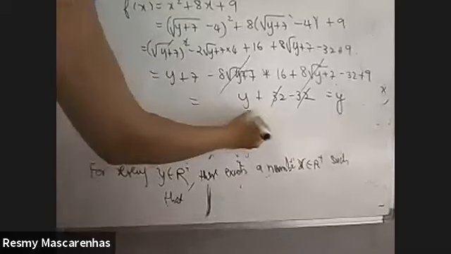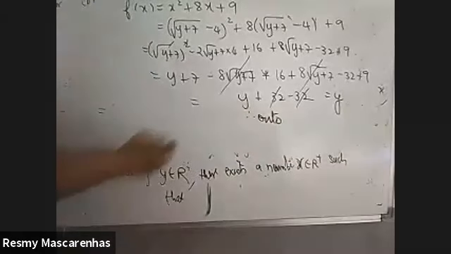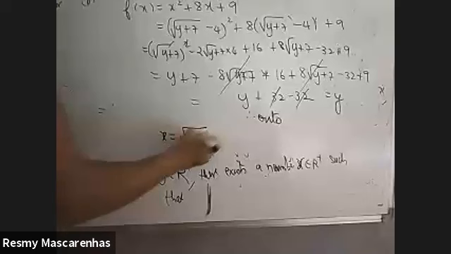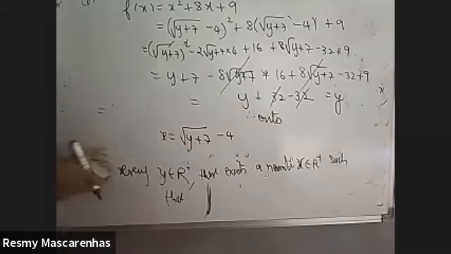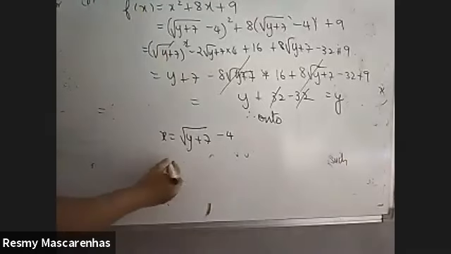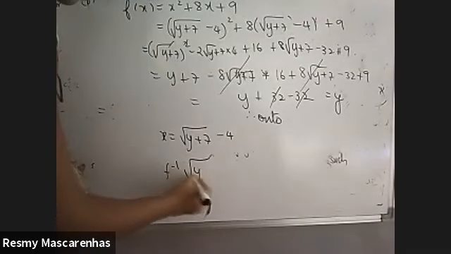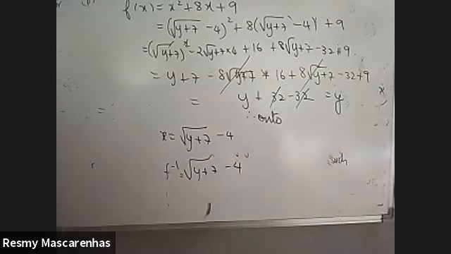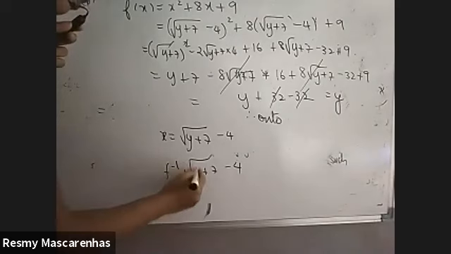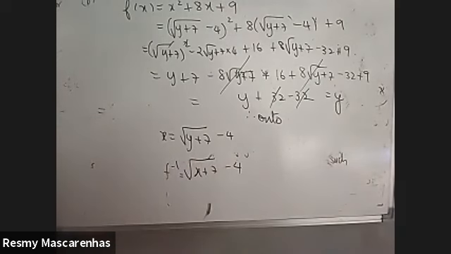Therefore, onto. x was how much? y plus 7 minus 4. And therefore, f inverse will be, sorry, x plus 7 minus 4. So that will be your inverse.